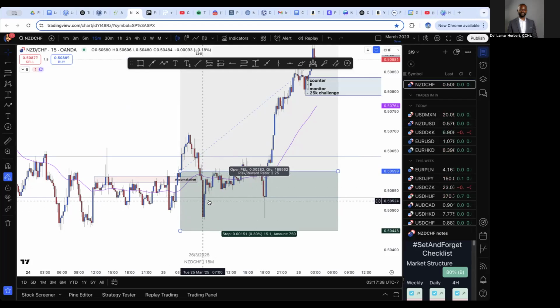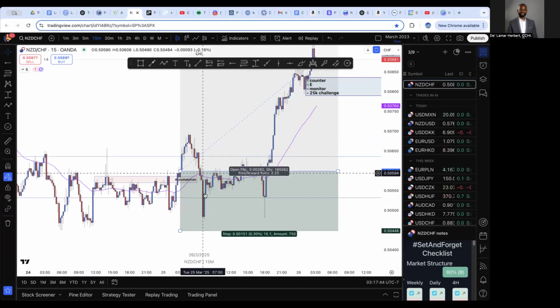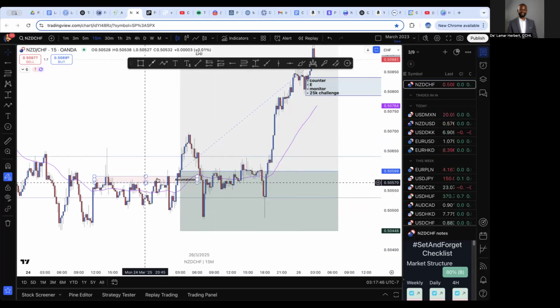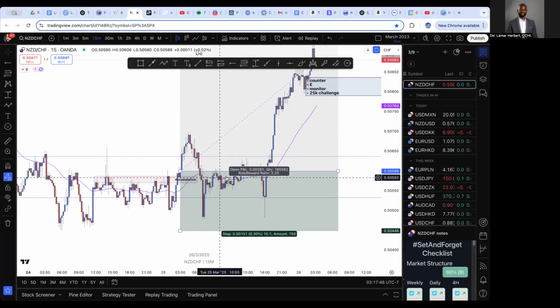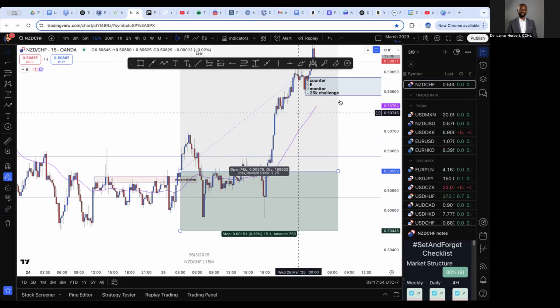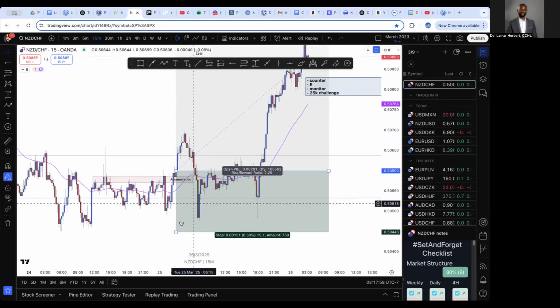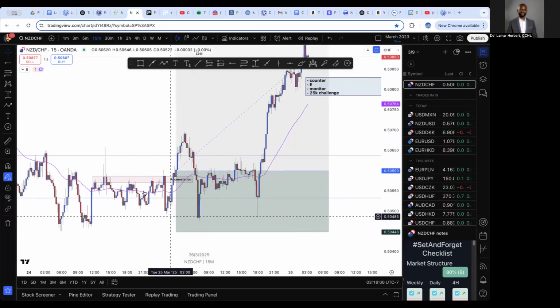I almost took myself out here, but this is just a learning lesson, just to hold it, because what it was doing, I think, was just taking a lot of this accumulation, and then it moved up, and then probably some more people got in and did the same thing, and then it took it again, and then it shot up.